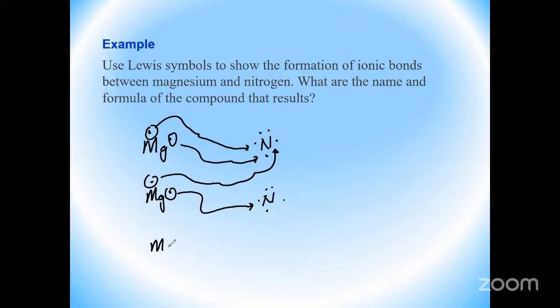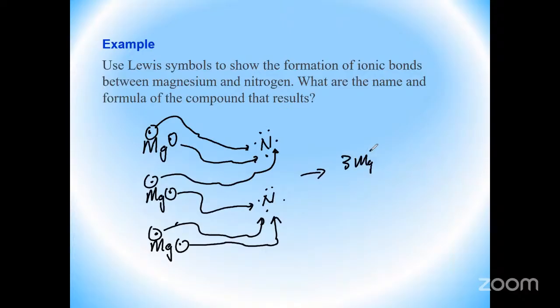So we're going to need another magnesium here to contribute 2 electrons. So 1 electron will go here, and the other electron will go here. So you're going to end up with 3 magnesium ions and 3 nitride ions.